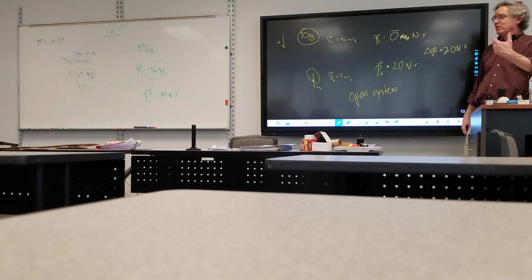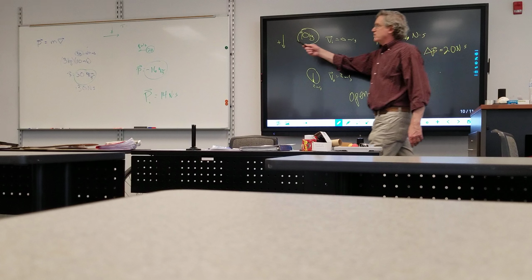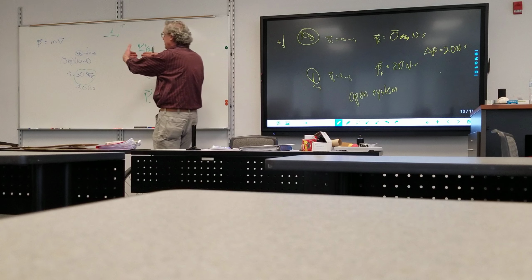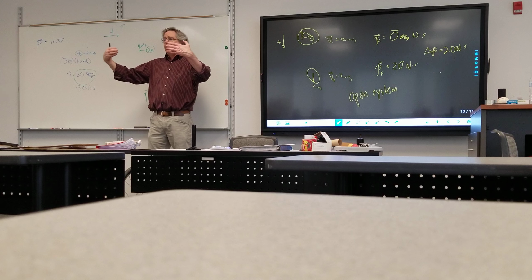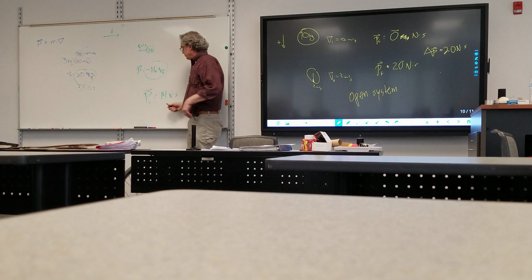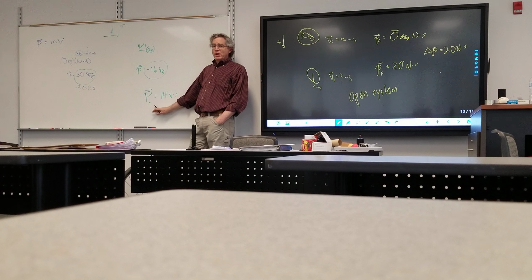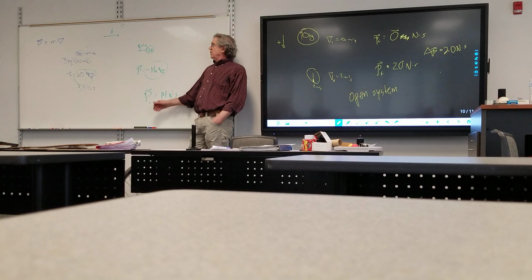In a closed system, there is no outside influence. In this case, if they collide, it is a closed system as long as I'm looking at both objects, the only two objects in this problem. If I also brought in the weight of each object because of the gravitational attraction toward the Earth, then I've introduced another object that I either need to take into account, or if I ignore it, it is an open system.